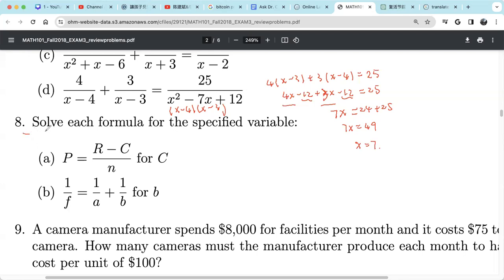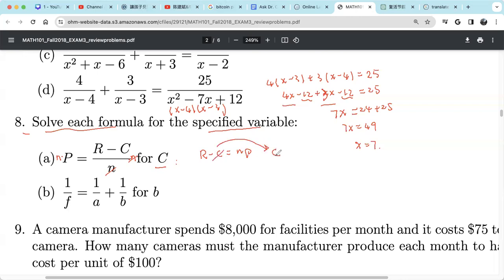All right. Now let's say 8. A is also saying solve each formula for the specified variable. So A, we want to solve for C. How do we solve for C? First, we want to multiply by n on both sides to get rid of this denominator, right? So we get R minus C equals n multiplied by P. Our goal is to solve for C. So we have negative C, why don't we move negative C to the other side?